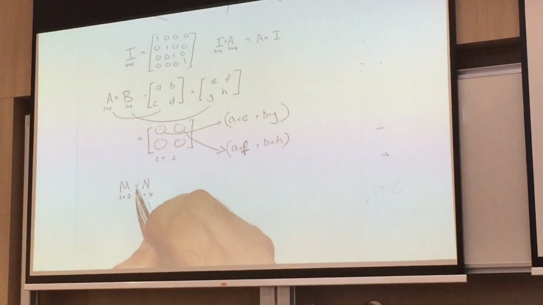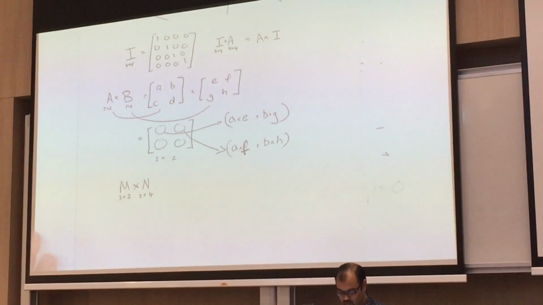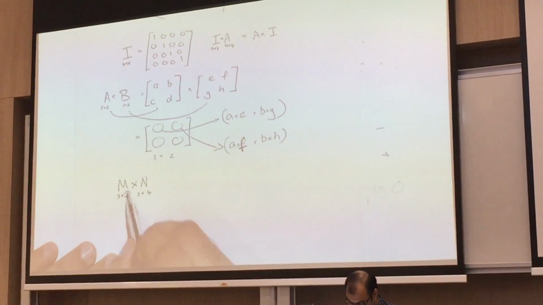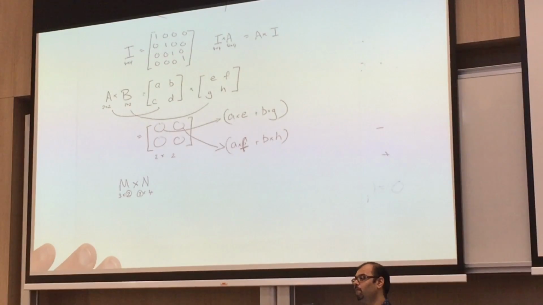If you want to multiply this kind of matrices, okay, earlier I said that they must be the same size, right? Or else cannot multiply. That's for square matrix. Now I have non-square matrix. The only way I can multiply is if the column of my M matrix is the same as the row of my N matrix.